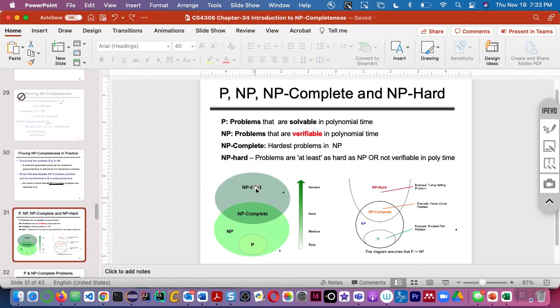Okay, so NP completeness, let's see. NP hard problems are not solvable, for now, for instance. But maybe a problem is not solved, but close to being solved, right?